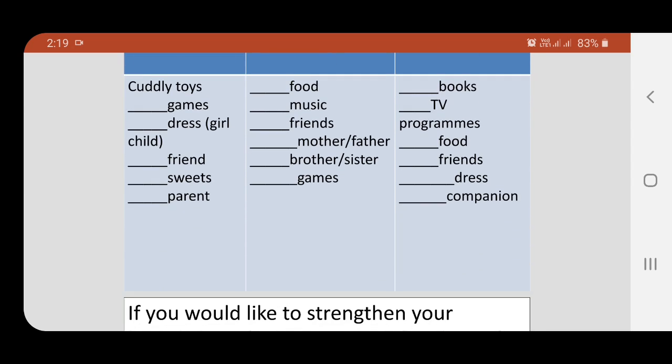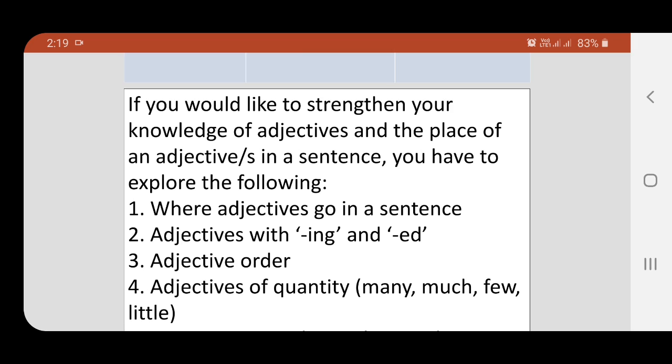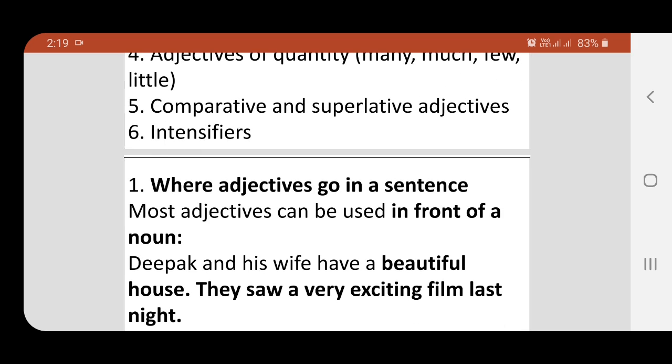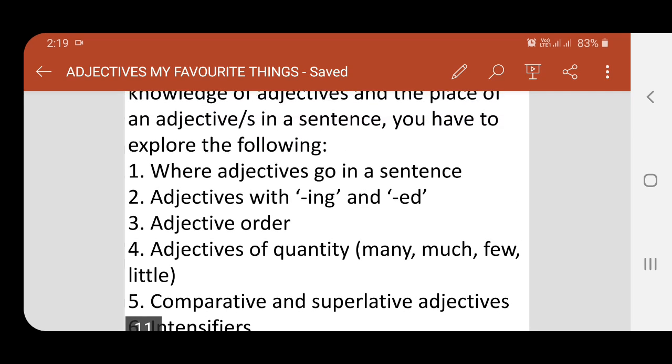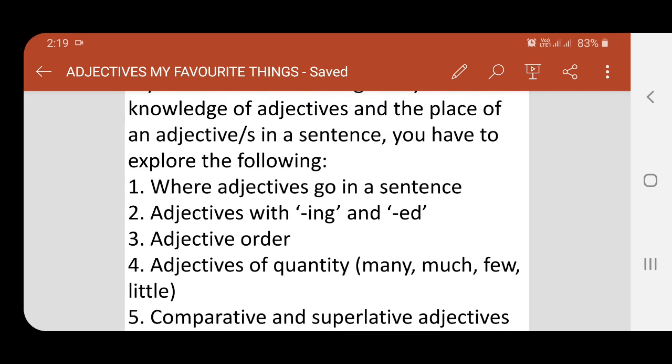After the exercises connected with the song, we saw the different types of adjectives, or the different places where adjectives are used.